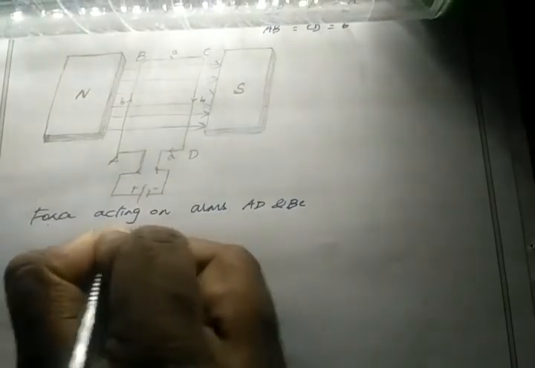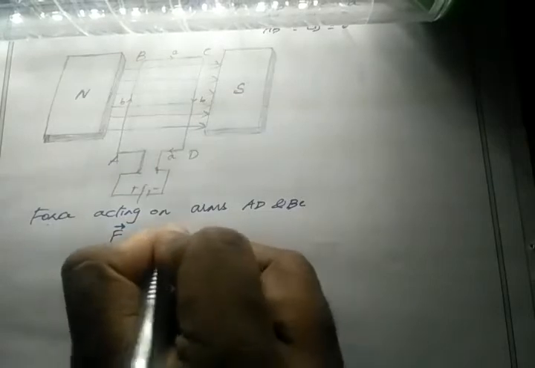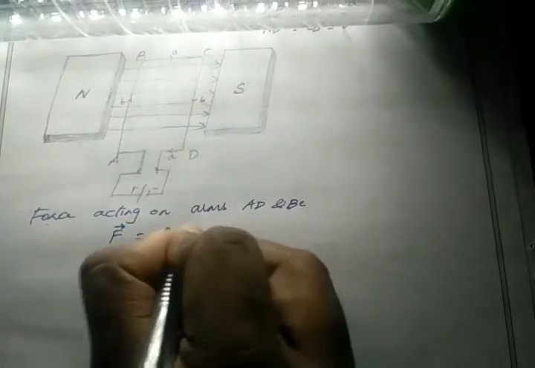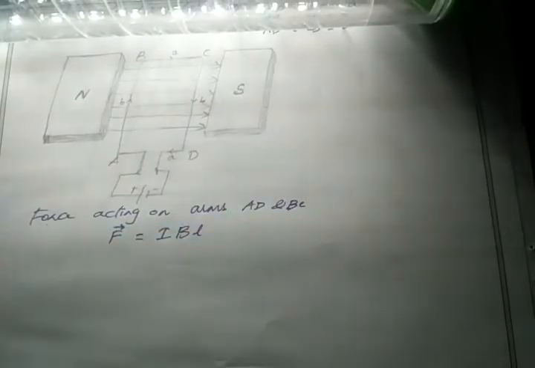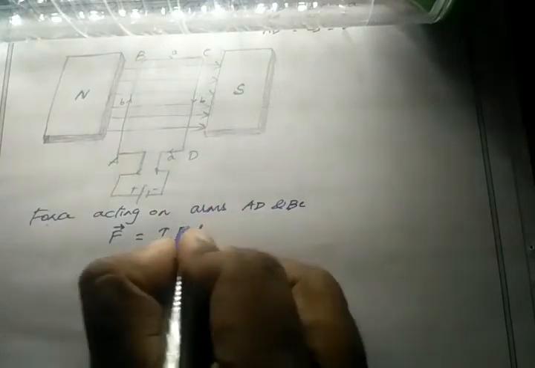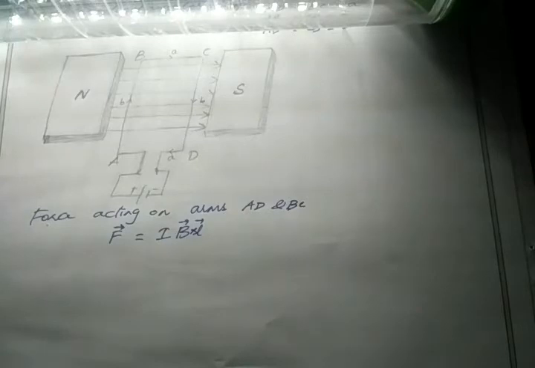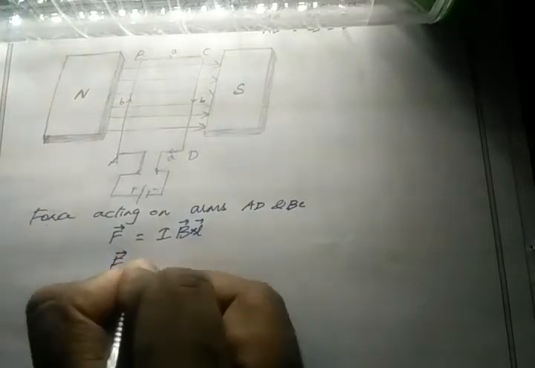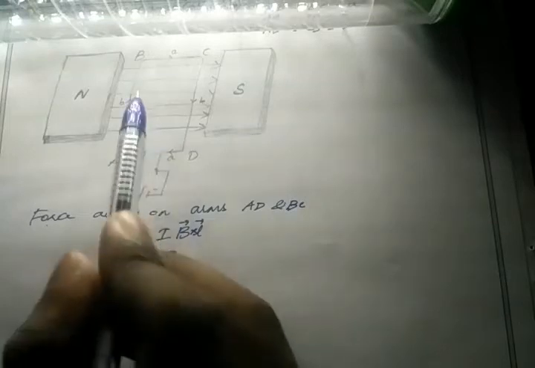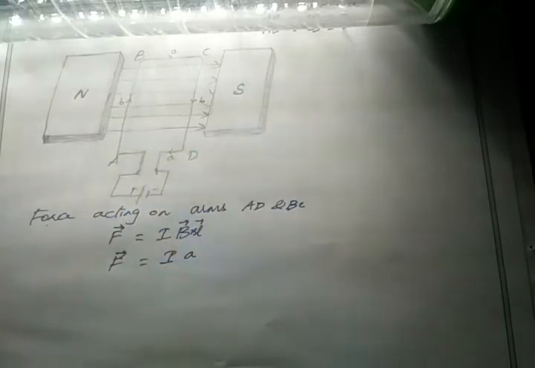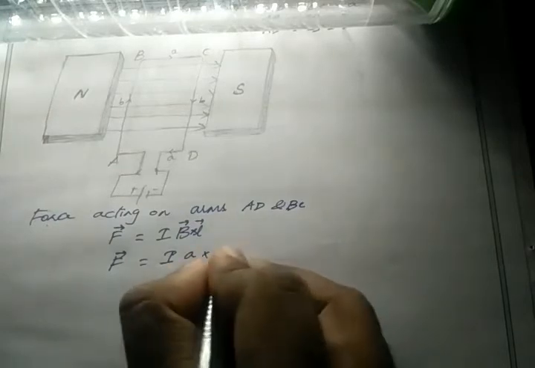We know F equals I B L, right? Or I L cross B. This is the formula for force. So F equals I, and the length of AD and BC is taken as small a. So it is I a cross B.